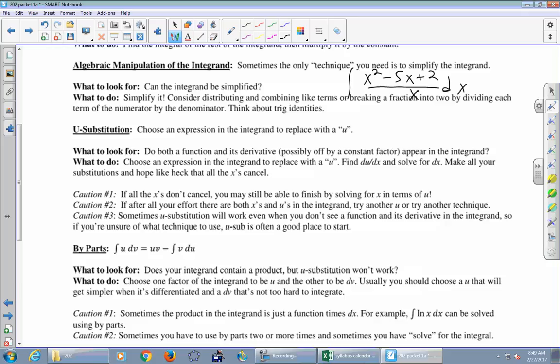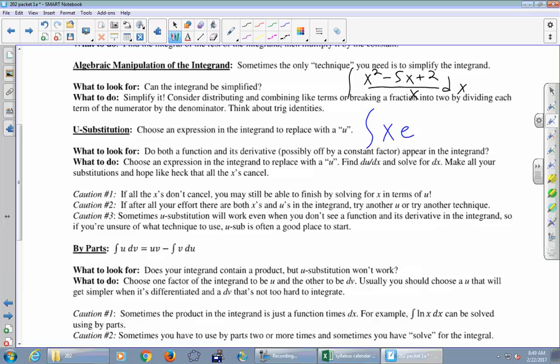And again, there's a particular order that we look for. First one is u substitution. What to look for? Do both a function and its derivative appear in the integrand? And that derivative doesn't have to be exact. It might be off by a constant factor, maybe it's just missing a times 2 or something like that. But if you are looking at an integrand which is a product of two things, the first thing to think about is not integration by parts.